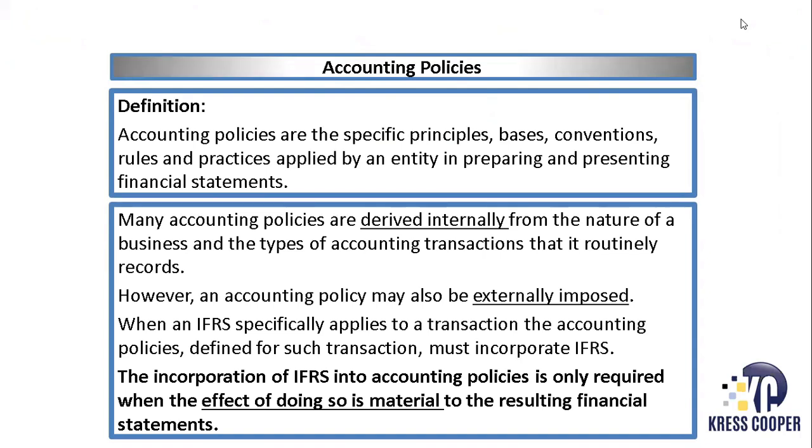As I told you, accounting policies are the specific accounting principles or bases or conventions, methods, rules, etc. In simple terms, you can say accounting treatment. Accounting policies are the specific accounting treatments which are applied by an entity in preparing and presenting its financial statements.